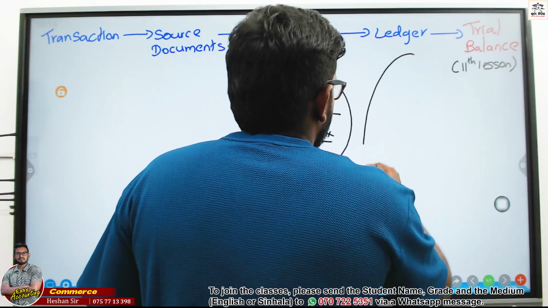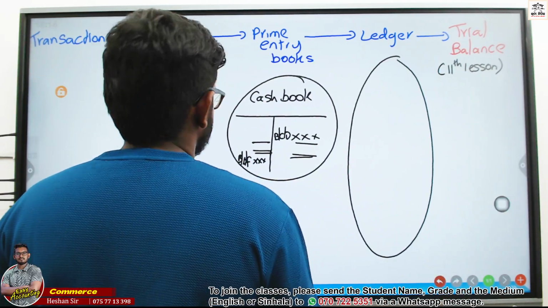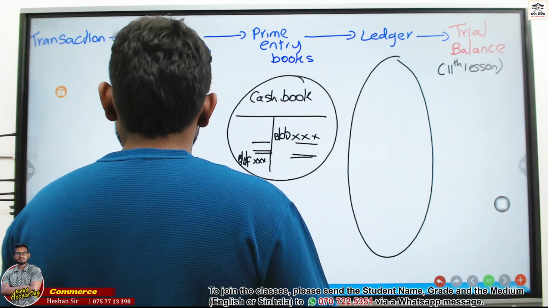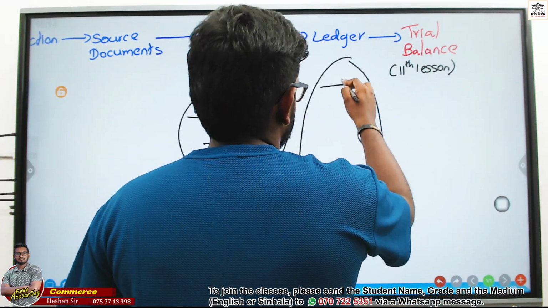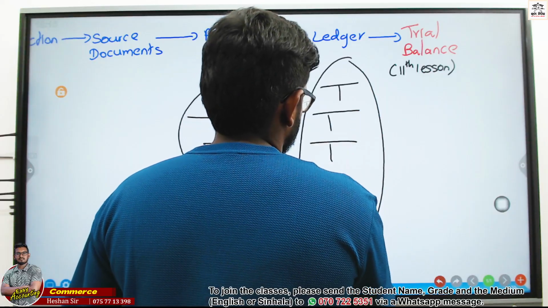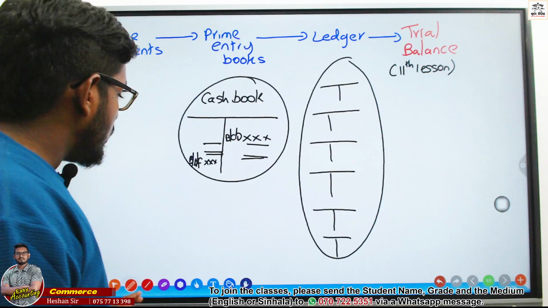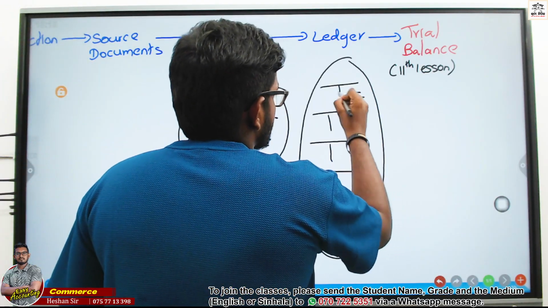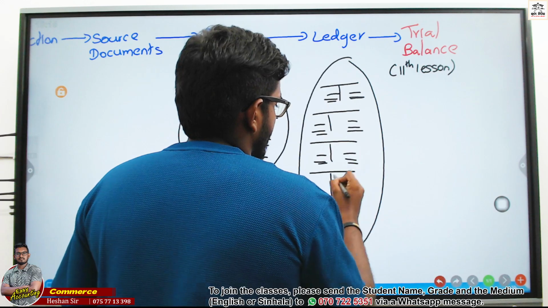So in the ledger, we have other ledger accounts, right? All the ledger accounts we balance. Some balances come to the debit, some balances come to the credit.